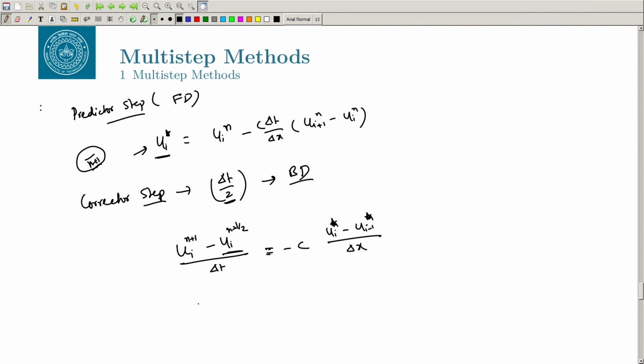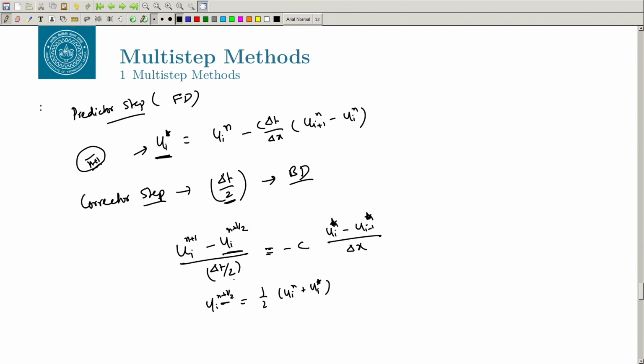And how do you get this u_i^{n+half}? It will become half of u_i^n plus u_i star. You have calculated this u_i star, which is like n plus half bar, and we want to get the value at n plus half.